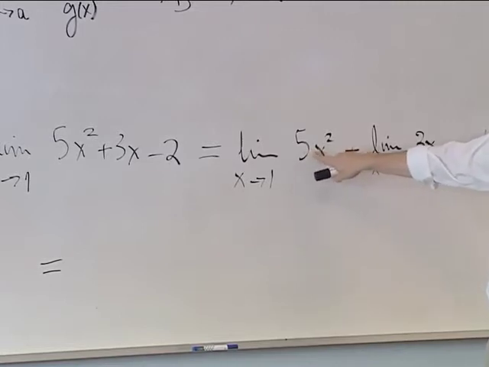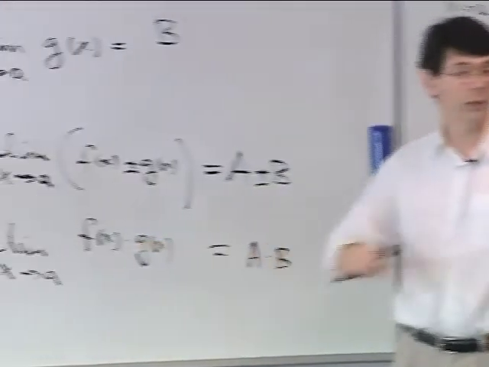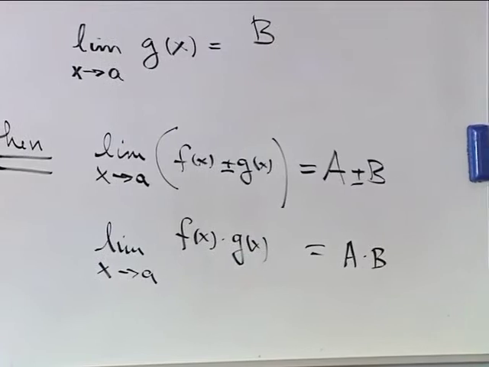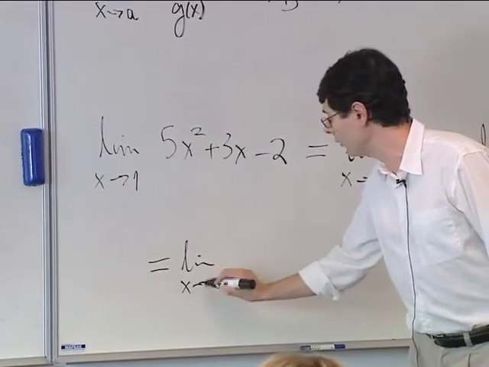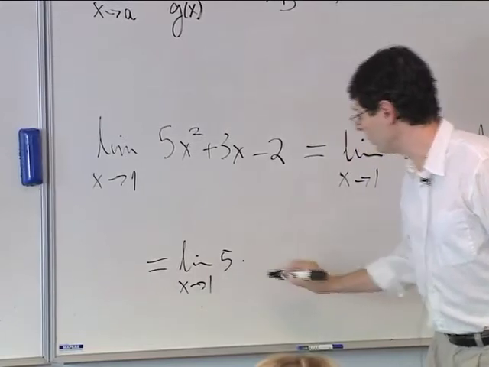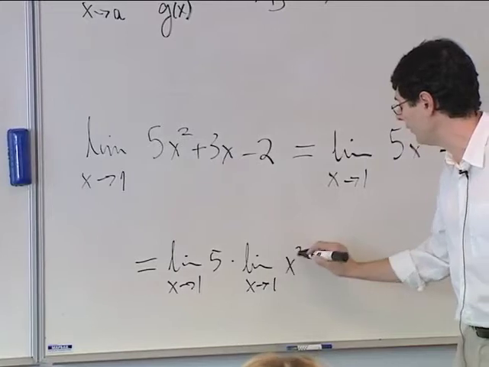This is a product. 5 times x squared, right? This rule here tells me that when I have a product, I can use the limit in each one of them. So this is the limit when x goes to 1 of 5 multiplied by the limit when x goes to 1 of x squared.